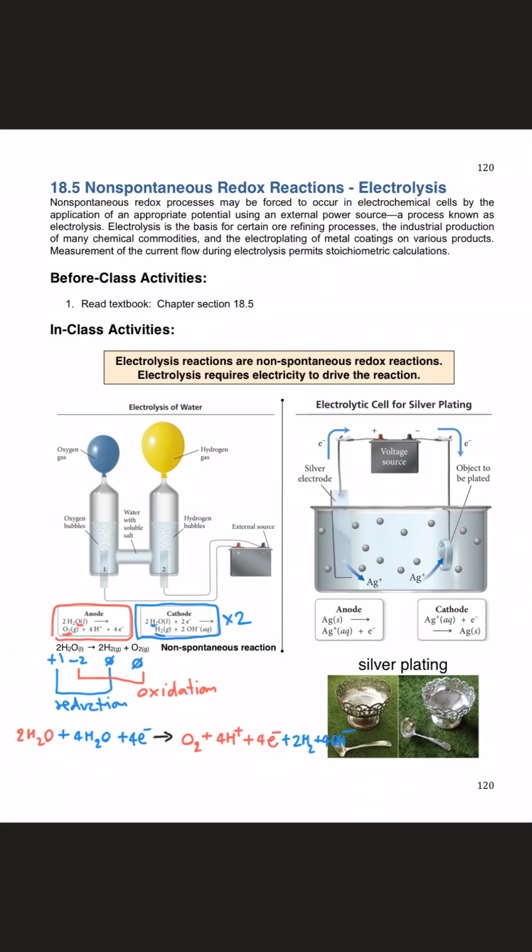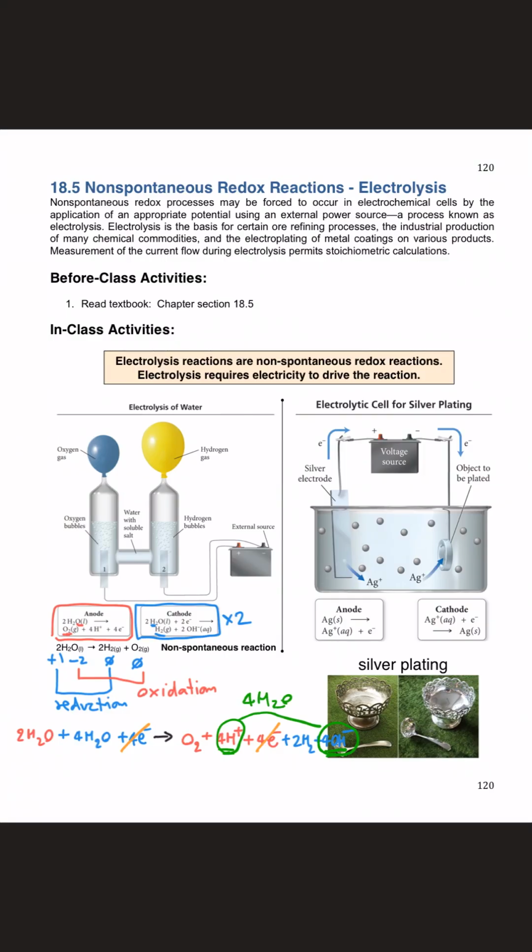Because 4 electrons appear on both sides of the equation, we can cancel them, which means these half reactions transfer 4 electrons between each other. And the 4 protons and 4 hydroxide would react with each other and form 4 water.